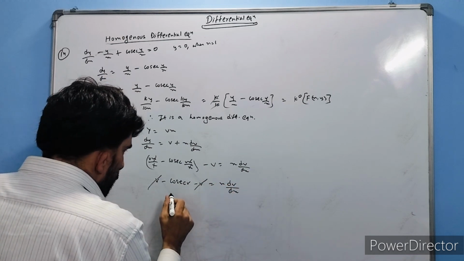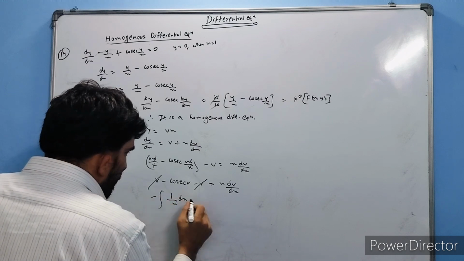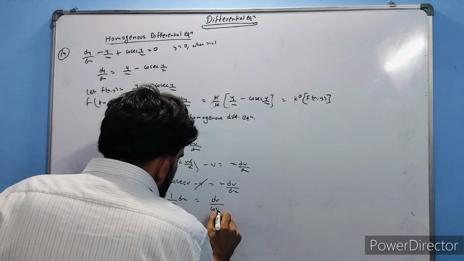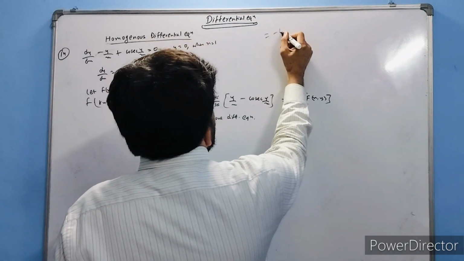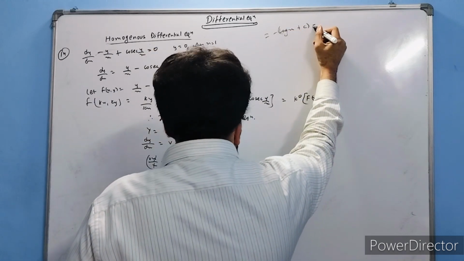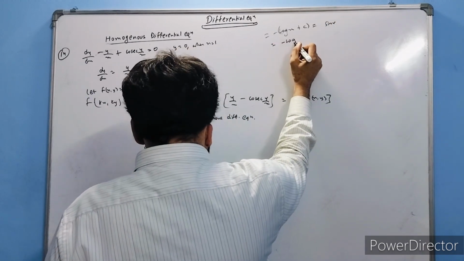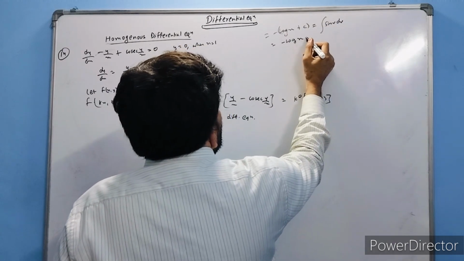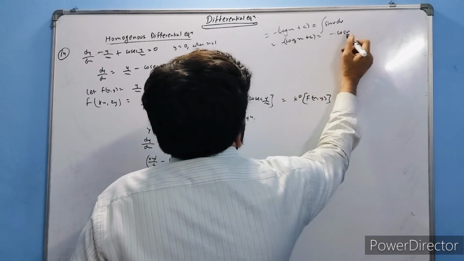So now we have 1 upon x dx is equal to minus dv upon cosec v, which is minus sin v dv. Integrating, minus log of x plus c is equal to cos v, so minus minus reduced.